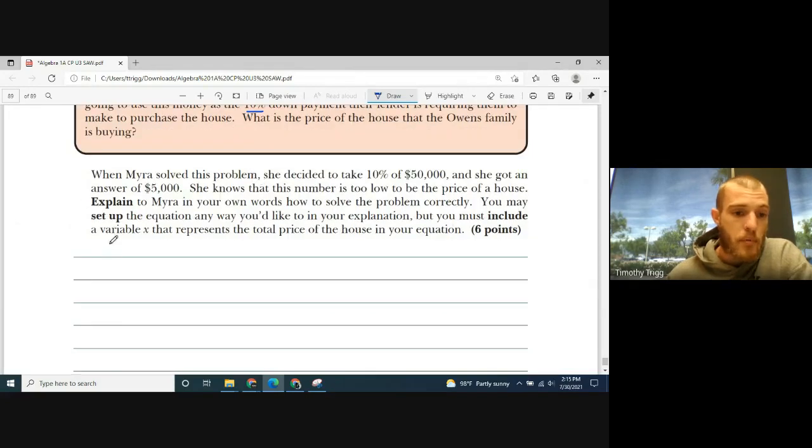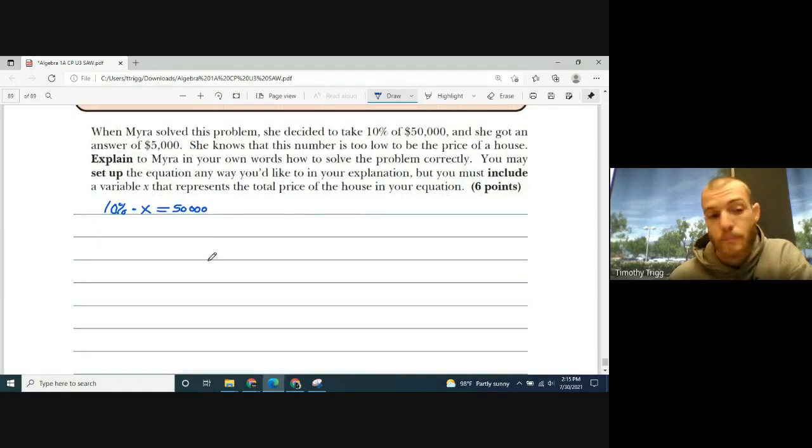So 10% of the house's worth. So we're going to say x represents the total price. So 10% of the total price is $50,000. So this 10% of the house's worth is a $50,000 down payment.